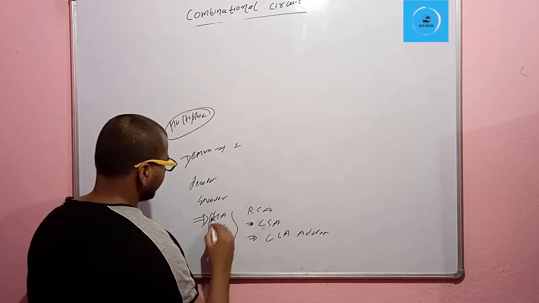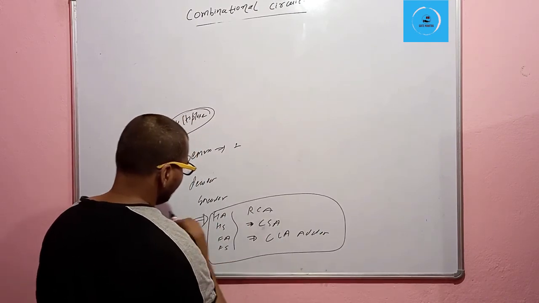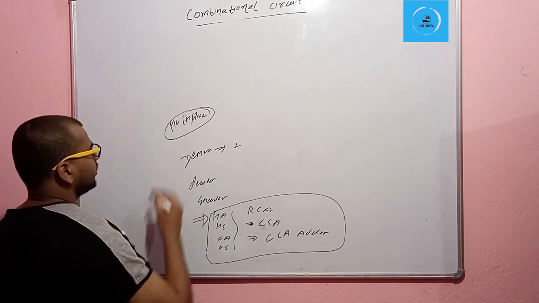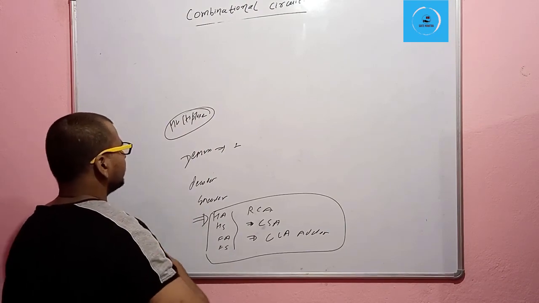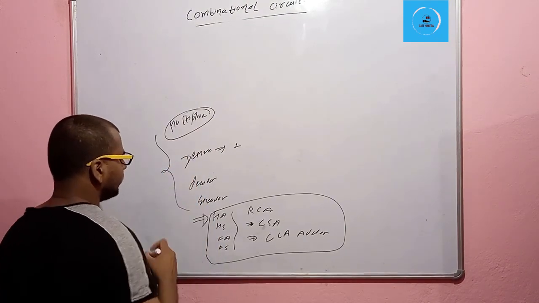We are going to see all these adders and subtractors in the last, first after completing the important topics: multiplexer, demultiplexer, decoder, encoder.